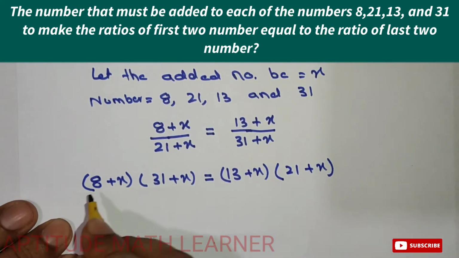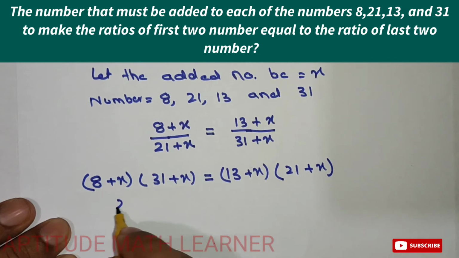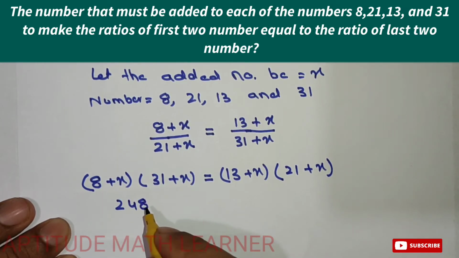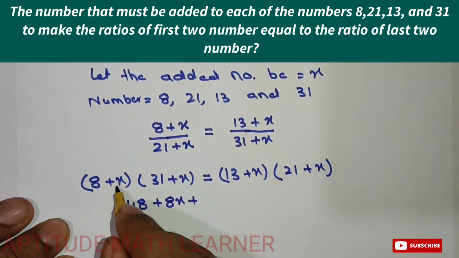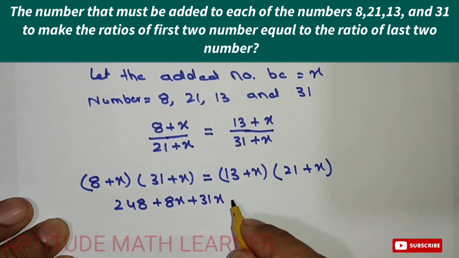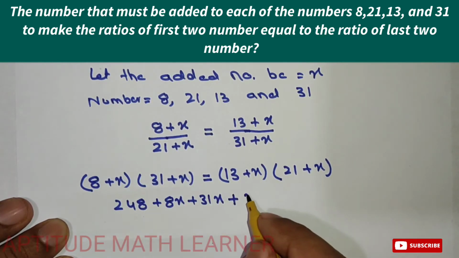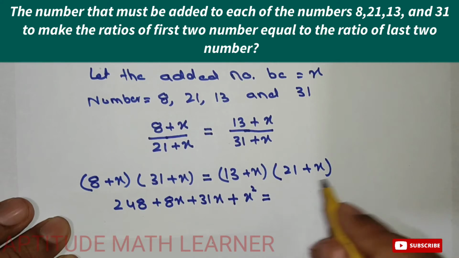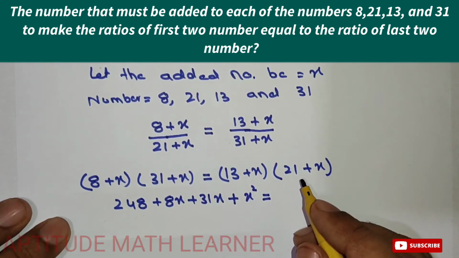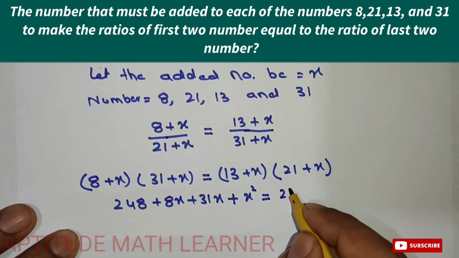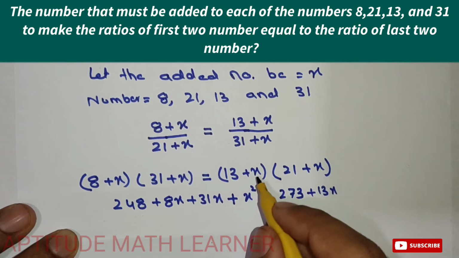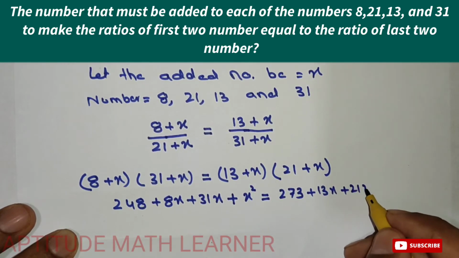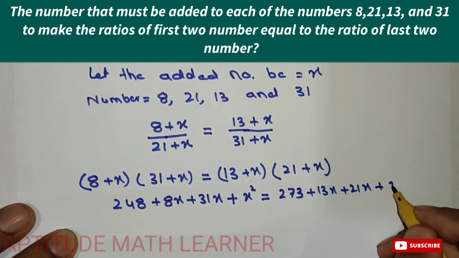So this becomes 8 multiplied by 31, that is 248, plus 8 times x that is 8x, plus x times 31 that is 31x, plus x times x that is x square, is equal to, and here the same procedure. 13 multiplied by 21 we get 273, and 13 times x is plus 13x, and now x times 21 is plus 21x, and x times x is x square.